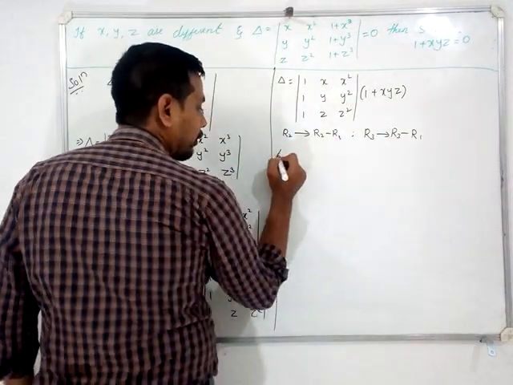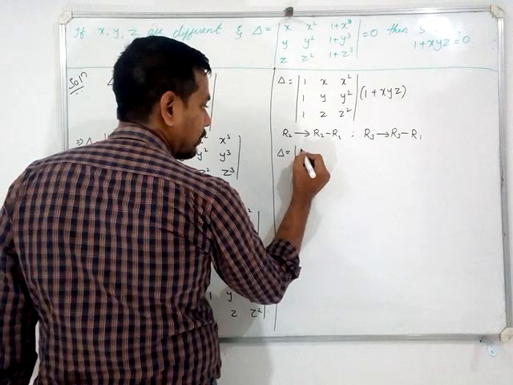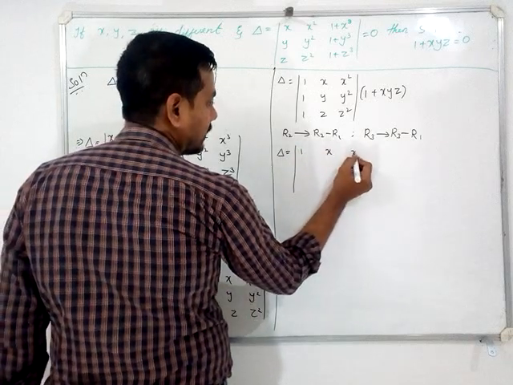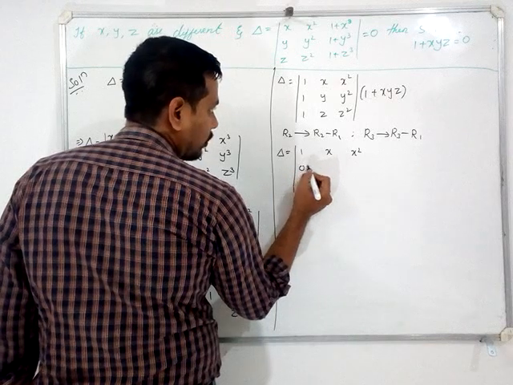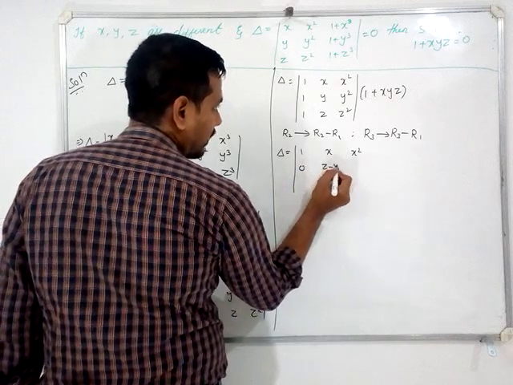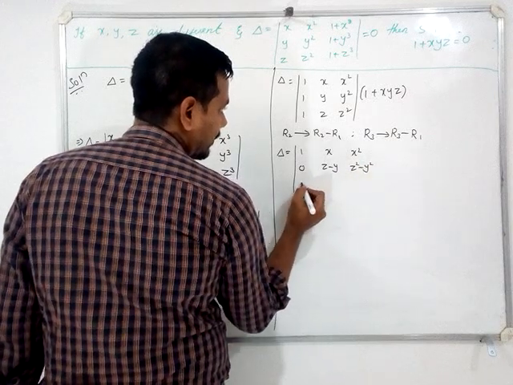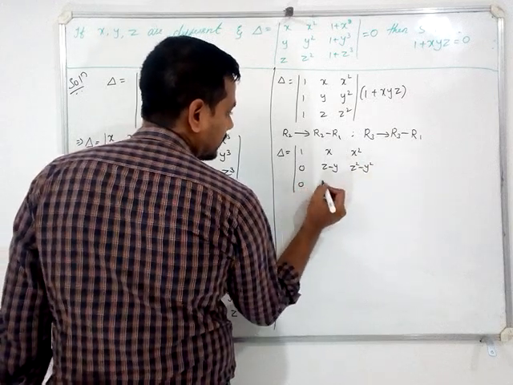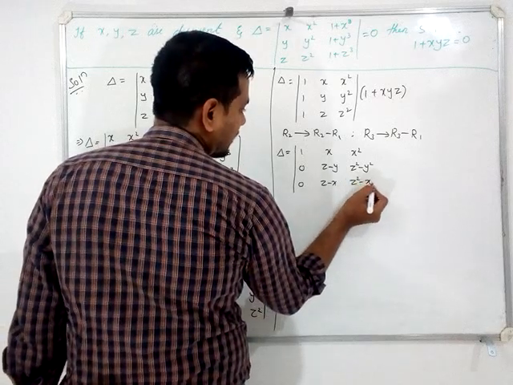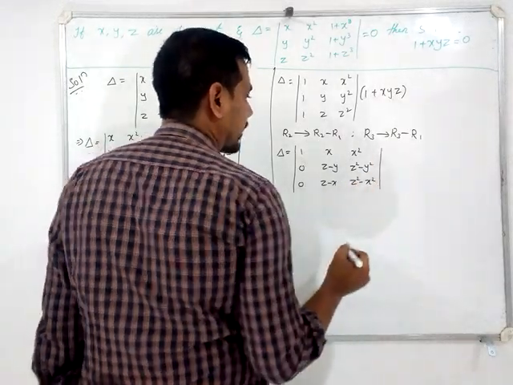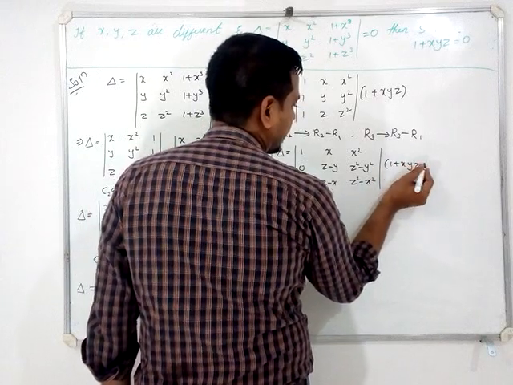So what will be the value of delta? 1 x square, 1 minus 1 0, z minus y, z square minus y square. Here 1 minus 1 0, z minus x, z square minus x square into 1 plus xyz.